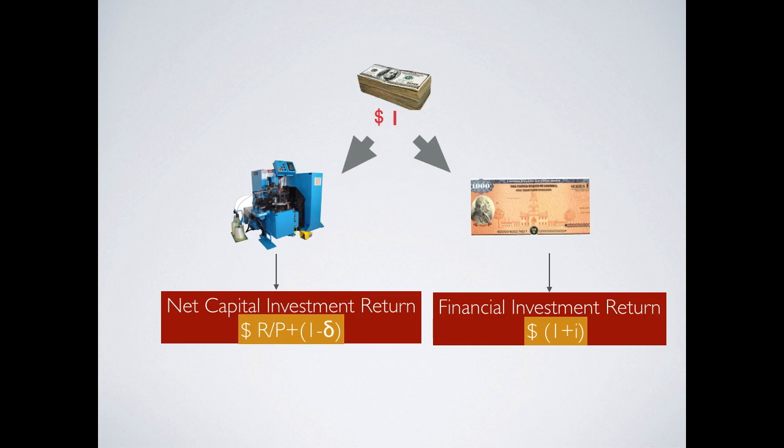And the financial investment return of investing $1 in a bond would be 1 plus I. So once we have the investment return for $1 for both investment options, we can move on to look at the portfolio allocation problem that the household is facing when he considers saving.